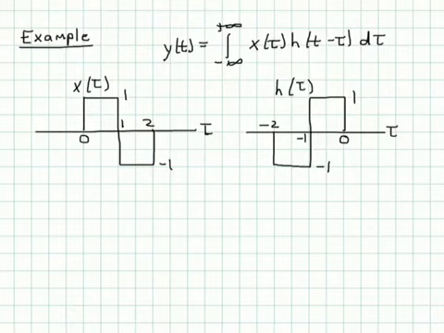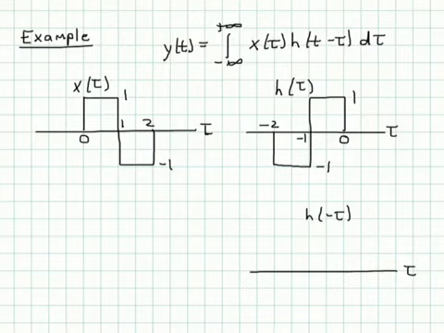All right, so now we not only need h of tau, we need h of t minus tau. So the first step, as we know from class, to getting h of t minus tau is to first sketch h of minus tau. So just sketch the time-reversed version of h. Well, that's pretty easy to come up with. So I'll just sketch it here.